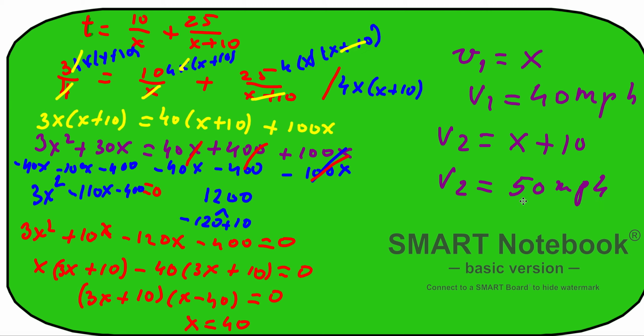And if you want, you can verify those results: 3 over 4 is equal to 10 divided by 40 plus 25 divided by 50, and this is going to be 3 over 4. You can verify very easily.